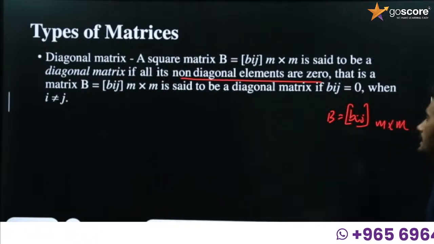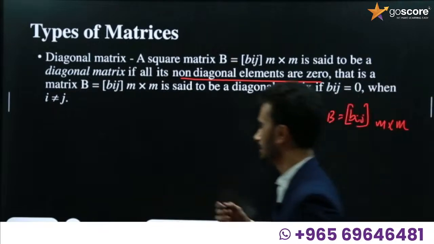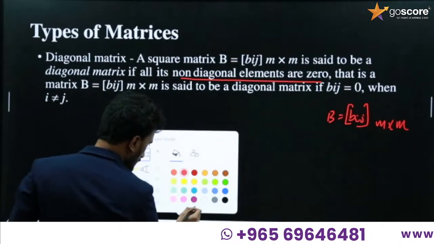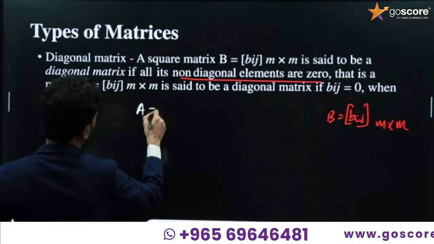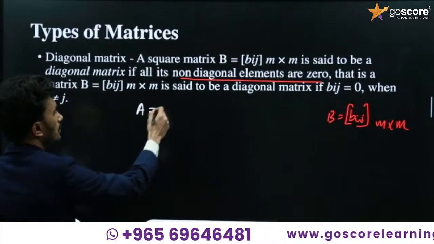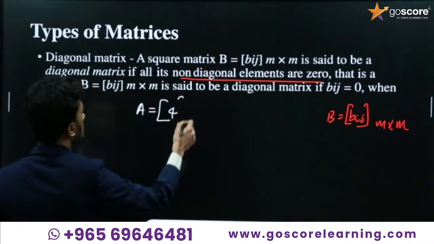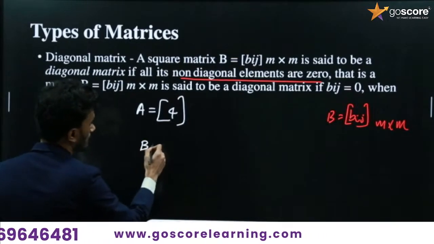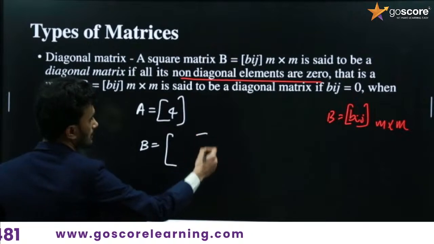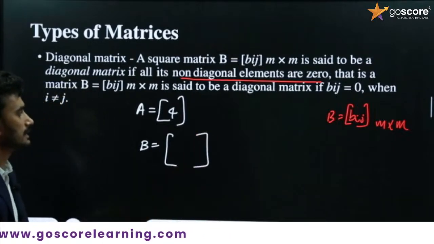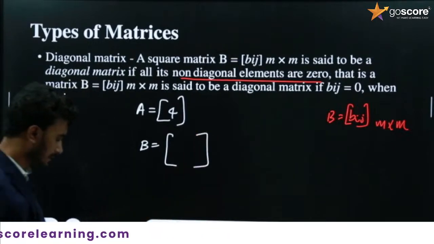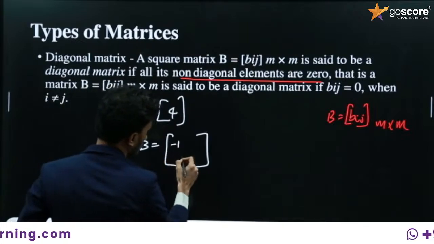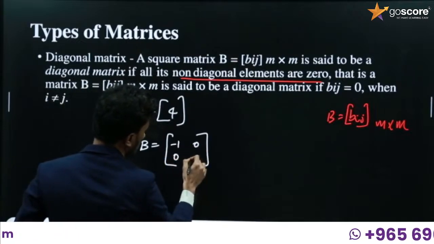I will write an example, then we will know. A equals the single element 4. So this is a diagonal matrix. Next example, B. I am constructing a 2 by 2 matrix: 1, 0, 0, 2.